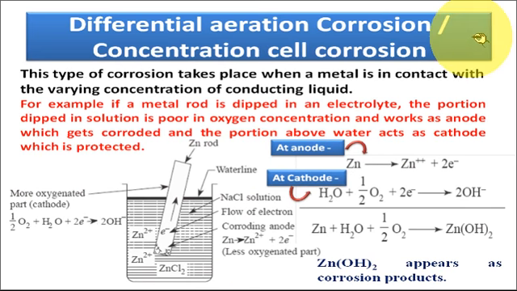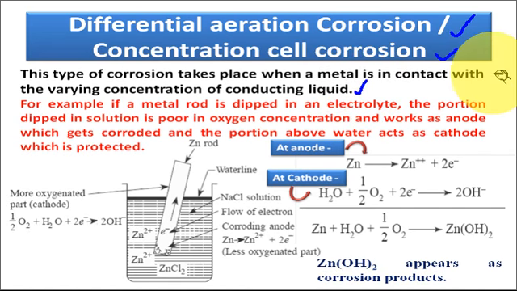The second type of corrosion is differential aeration corrosion or concentration cell corrosion. This type of corrosion takes place when a metal is in contact with varying concentrations of conducting liquid.